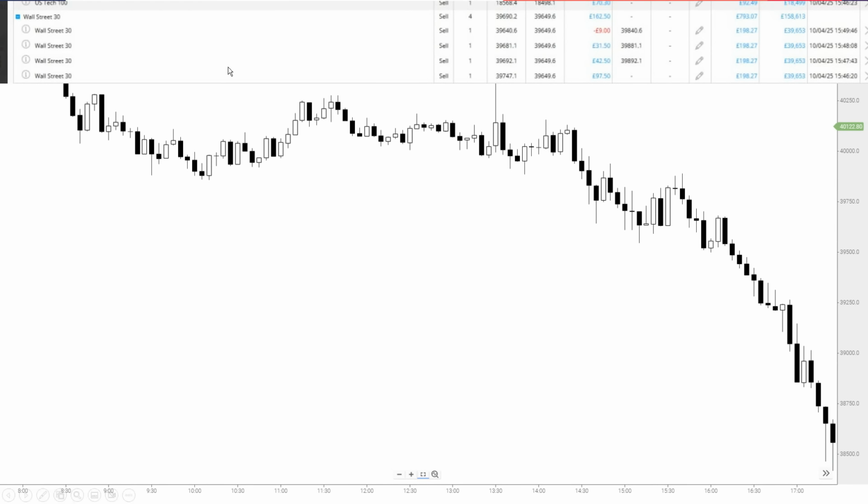Here's a snapshot. The Dow made a low around 7 o'clock European time, and here's a snapshot a couple of hours earlier when the Dow was still trading at 39,700, and I had begun to implement short positions. That was over here, and I posted this in my Telegram channel.